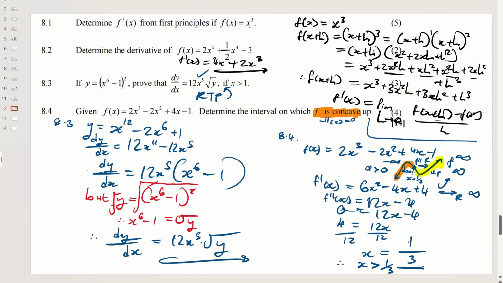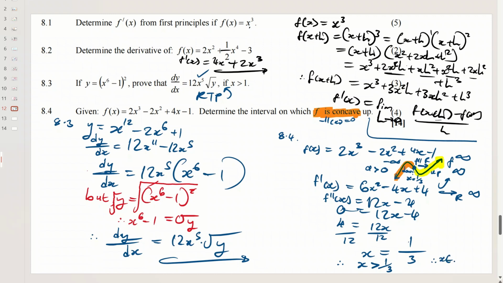It's heading to those numbers greater than this number here. Think of 9, think of 20, think of 1 million. Those numbers are greater than this number. So now this is where your graph will be what? Caving up.